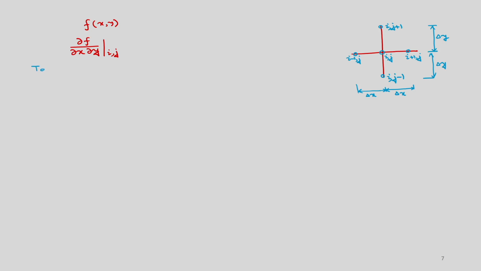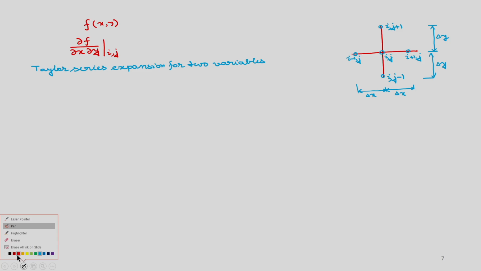Taylor series expansion for two variables. If you write it for two variables, you can write it this way: f of x plus delta x, y plus delta y, which you want to expand about the point x y.